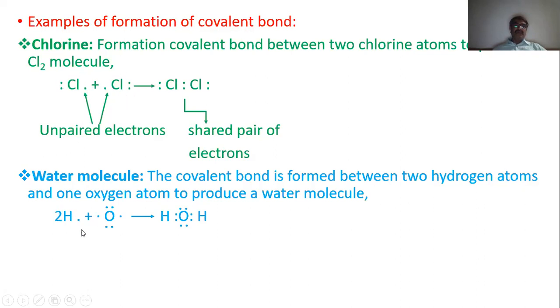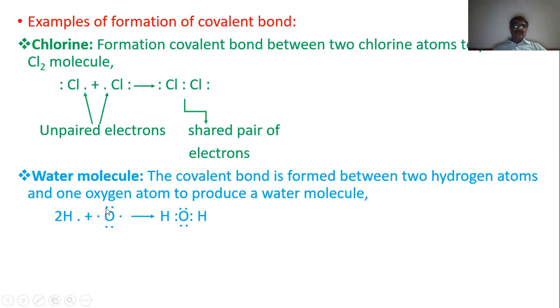Now here it is the formation of covalent bond between dissimilar atoms, two of one kind and one of another. So two H atoms are there and a single oxygen atom. So H atom has a single electron, and that serves as a valence electron, which is unpaired, of course. And what about oxygen? Oxygen atom has 4 plus 2, that is 6 electrons.